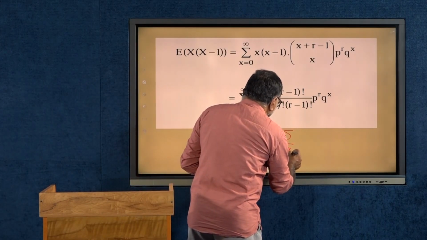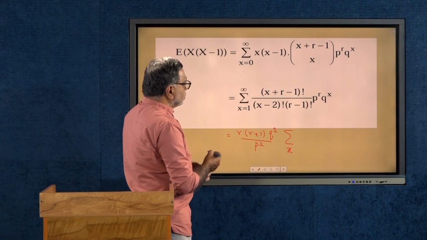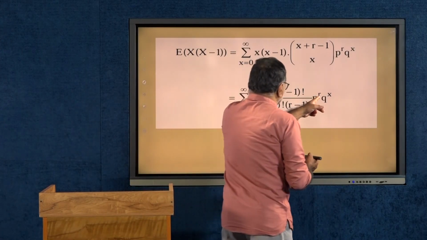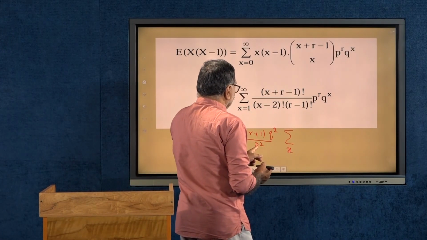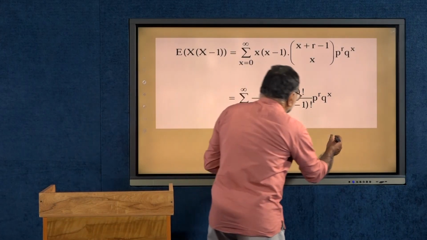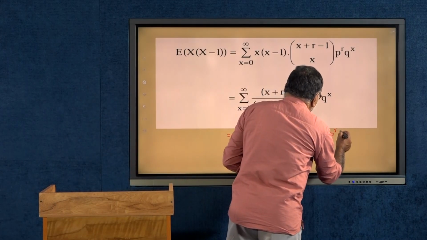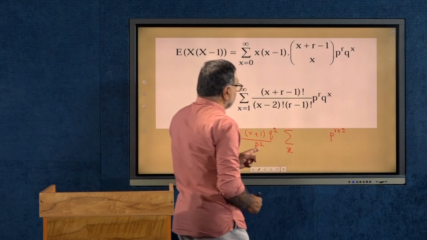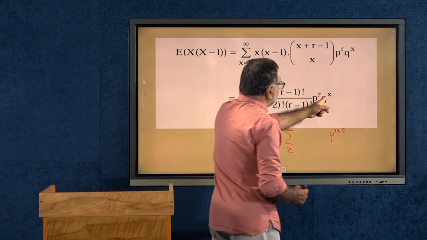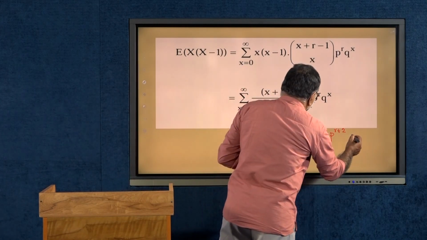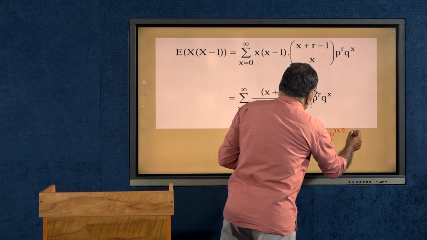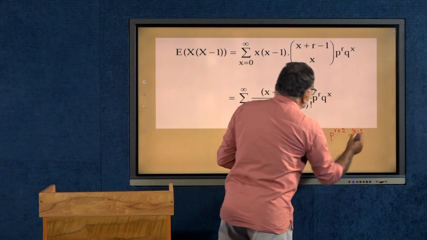So instead of p power r, we consider p square, so this becomes p power r plus 2, and q power x minus 2.